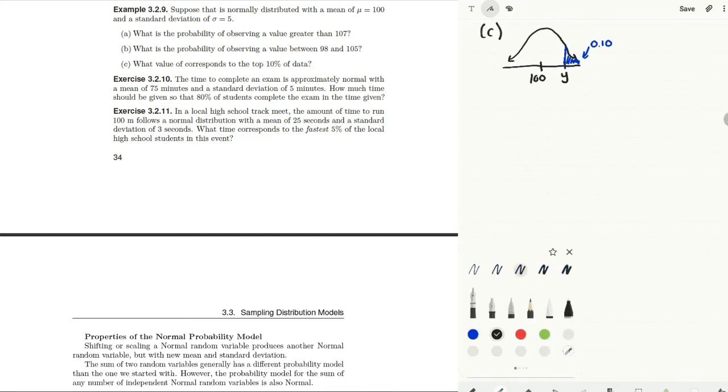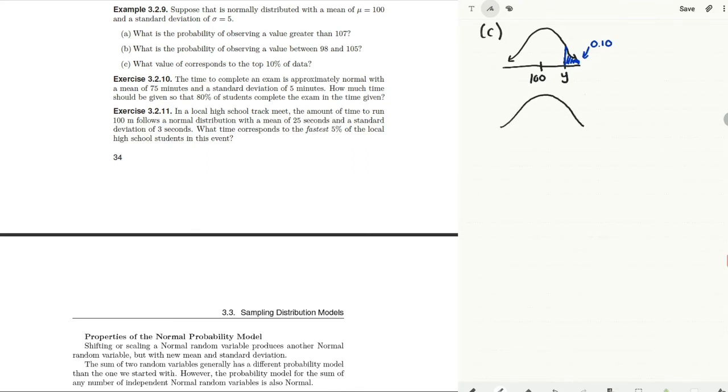Well, once again, let's consider the standard normal curve. And so what we could do is look for the z-score, which corresponds to an area of 0.1 to the right. So we'll call this z star.